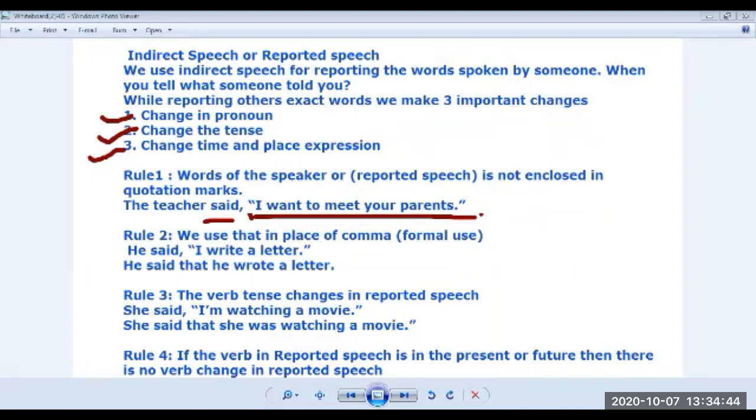This is enclosed in inverted commas. Now, when you change it to indirect speech, what are you going to get rid of? Come on. The quotation marks. Yes, the quotation marks will go away, and we will make a small change over here. Let's see that small little change that we are going to make.